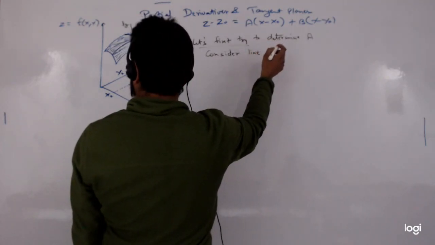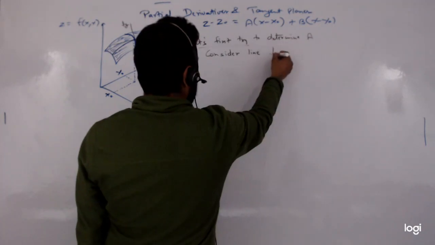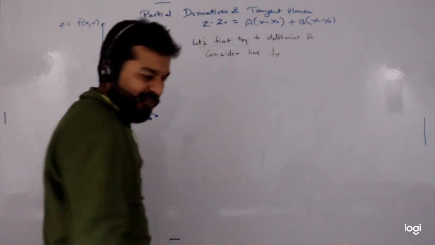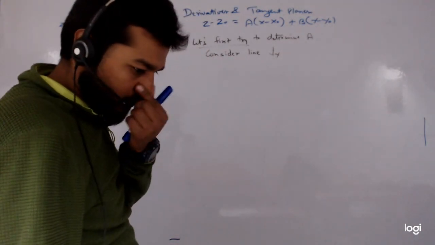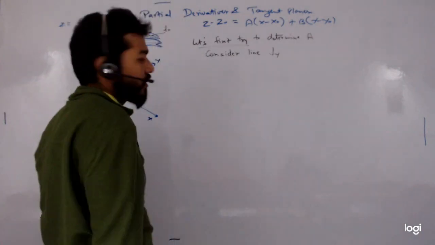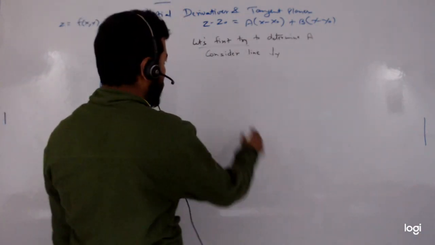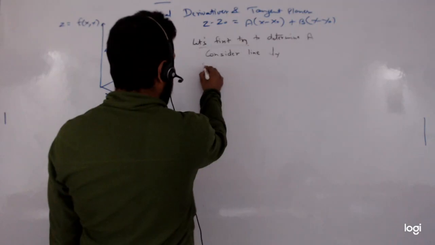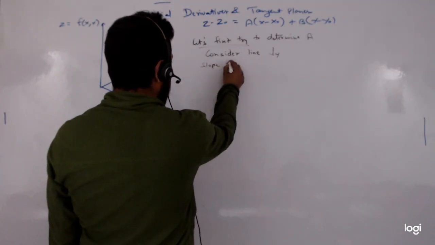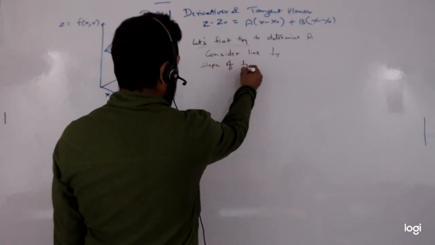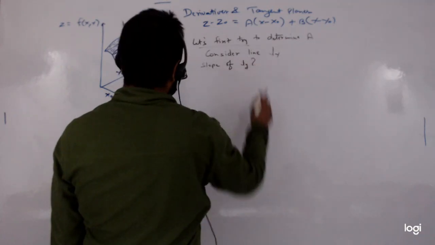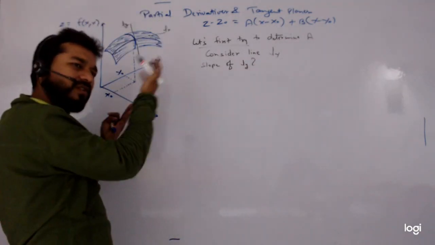Okay, consider line L of y. What's the slope of L of y? And it's a straight line. Slope is constant.